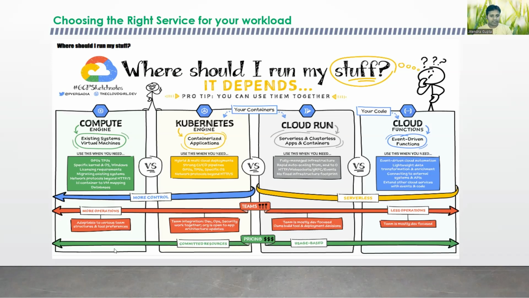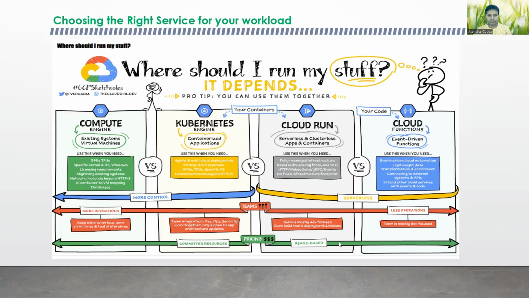On the left hand side, you will go with committed resource usage, like we talked about in case of compute engine. You will have to commit for 1 year, 3 years, like that, and it will give you more discounts. But in case of serverless components, the costing goes into usage based, like pay per use. Okay. So as much as you use, that much only you pay. Otherwise, you won't be charged anyway, right?